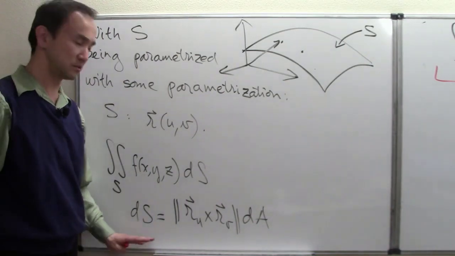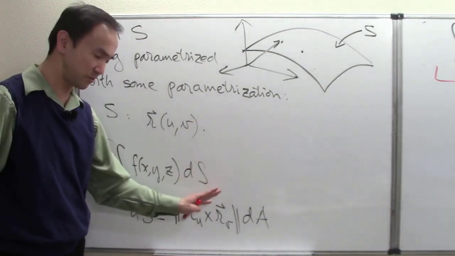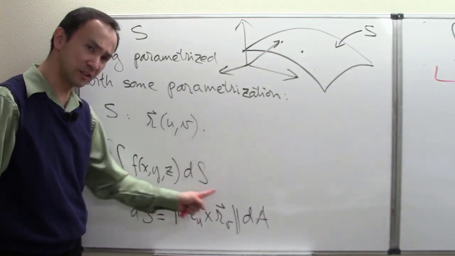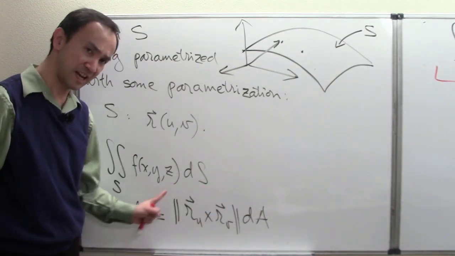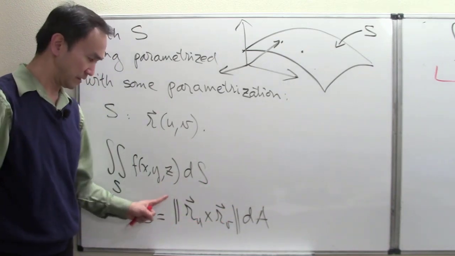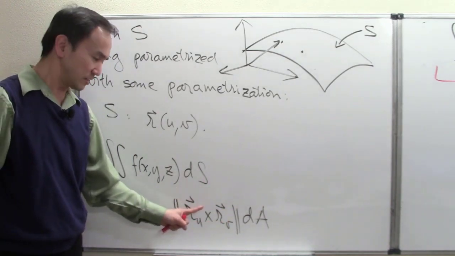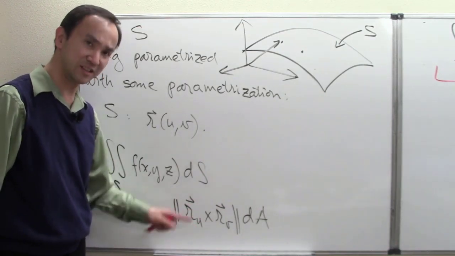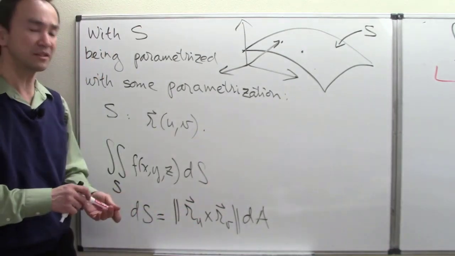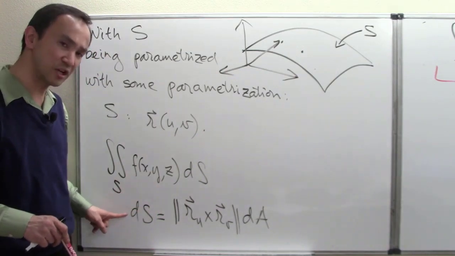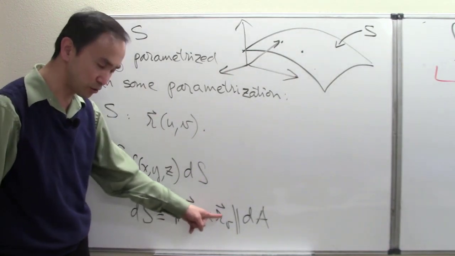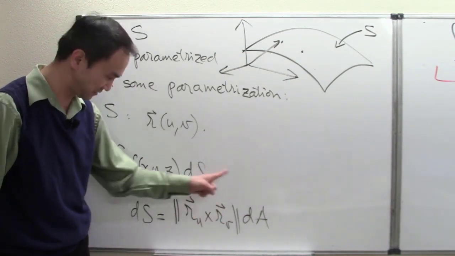To save your time, instead of watching through the lengthy explanation I have already given in my surface area lesson, I just recommend that in case you don't remember this, you refer back to my video lessons about how I derived this dS as the magnitude of r_u cross r_v, multiplied with dA.